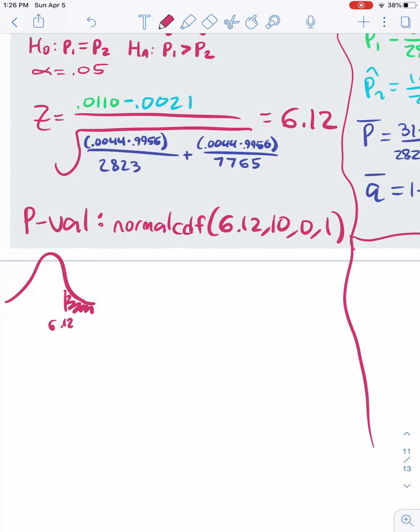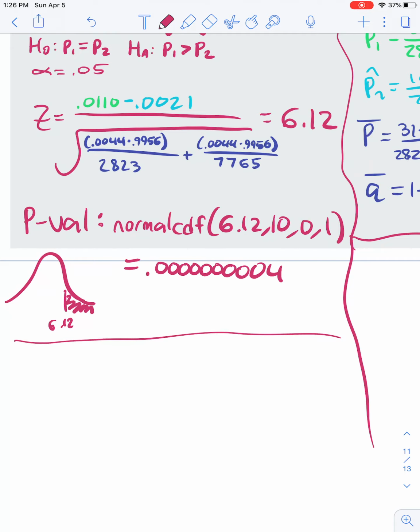So on the calculator, second vars, normal CDF, 6.12, comma 10, comma 0, comma 1. Oh, it's a really small number. It's 9 zeros and then a 4. So really, really small. We are certainly going to be rejecting this.